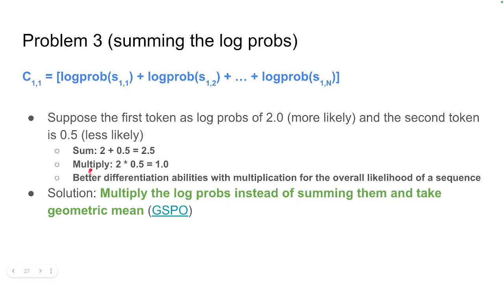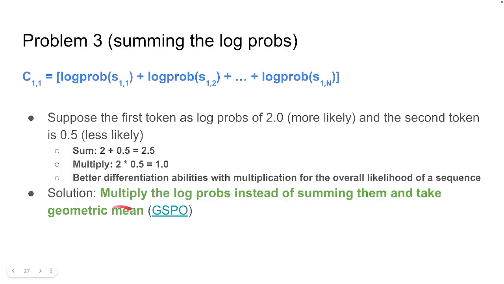But if you calculate the likelihood of this sequence, you have 2 and you multiply it with 0.5, you get 1.0. So the overall likelihood of the sequence decreased. So instead of taking the sum, it's a better way to take the multiplication of the probabilities instead.